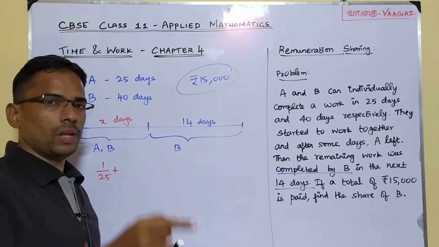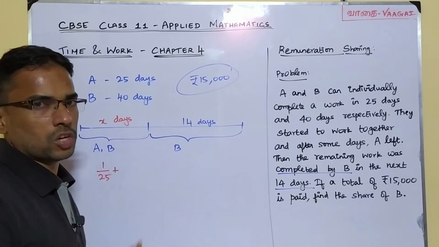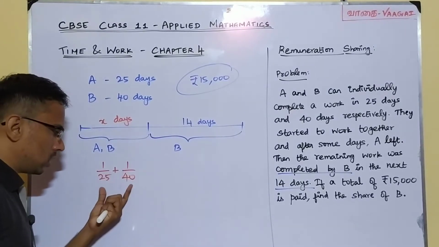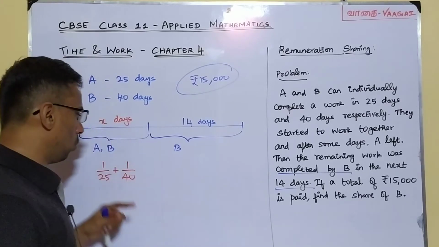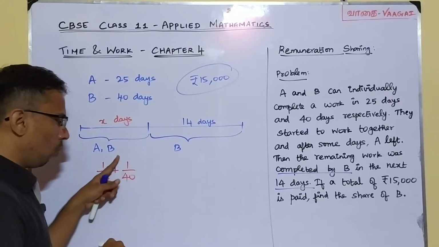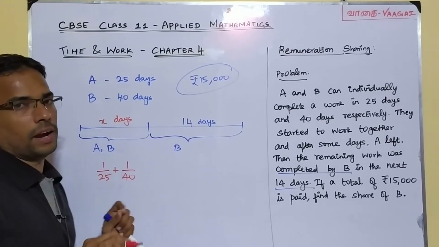Then what would be the 1 day's work of B? It would be 1 by 40. So I hope this part is very clear to you. 1 day's work of A is 1 by 25 and 1 day's work of B is 1 by 40, and they are working together. That's the reason I am adding them up.